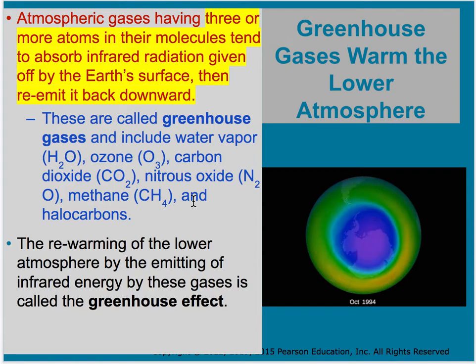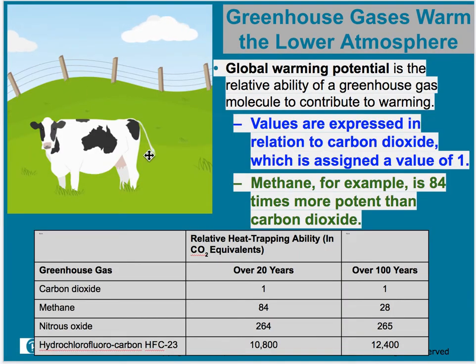It'll absorb the bad radiation that we don't want, and then it will reflect a lot of the heat and warmth and keep it back inside of the earth to keep us warm and at a moderate temperature. So they rate different greenhouse gases based on their ability to reflect heat or keep it in, or their greenhouse effect or ability.